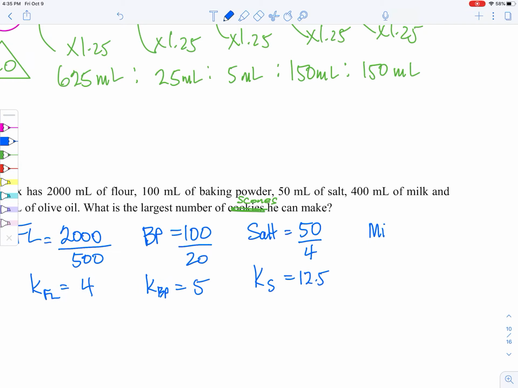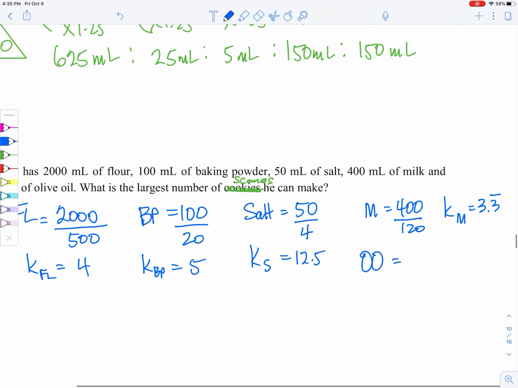So for milk, I can just write M because it's the only M. For milk, we have 400. It asked us to have 120. And when we divide that, we get that the scaling factor for the milk is going to be 3.333, so 3.3 repeating. And then for olive oil, we have 500 mils, and each batch needs 120.